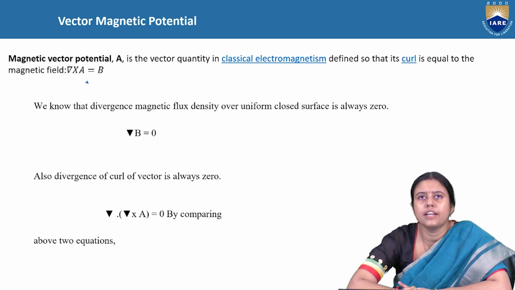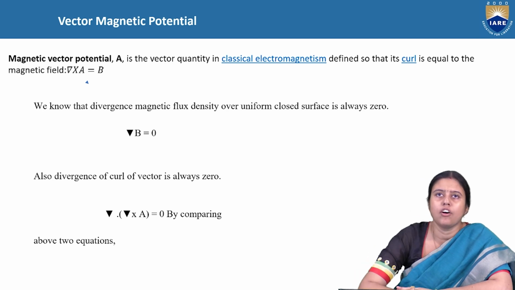Vector magnetic potential is a property of the magnetic field only.